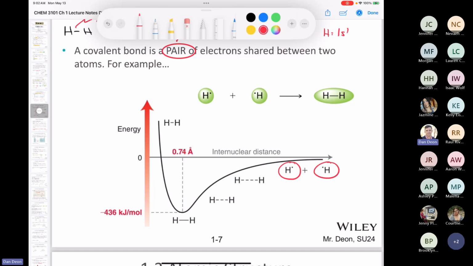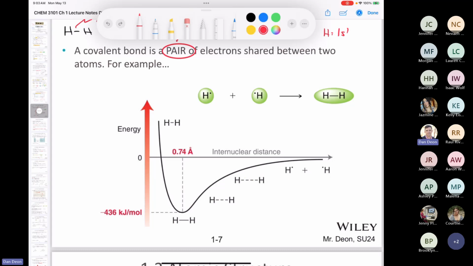Hydrogen is 1s1. So if I draw a Lewis structure of hydrogen, it's just a hydrogen with a dot next to it, okay? So if we have 2 hydrogen atoms that are separated by some kind of infinite distance, they're really far apart, they're not interacting with each other whatsoever. But then as you bring them closer together, oh boy, they start to get attracted to each other.